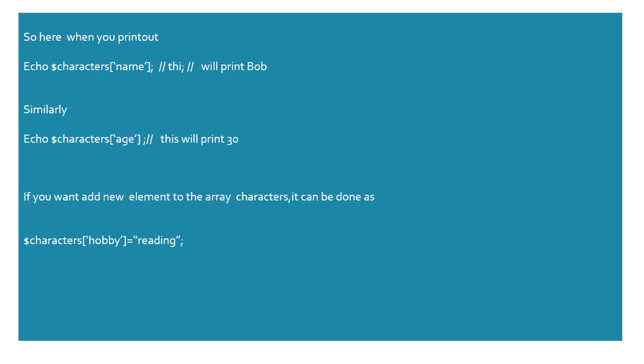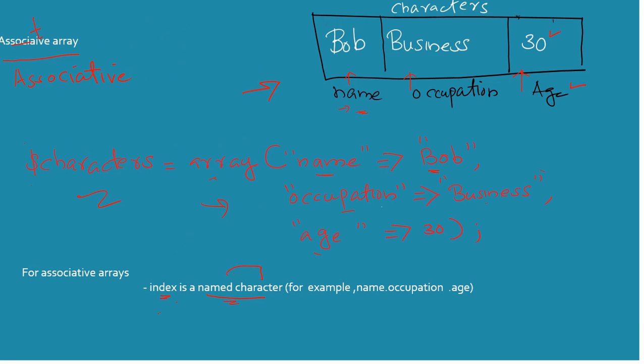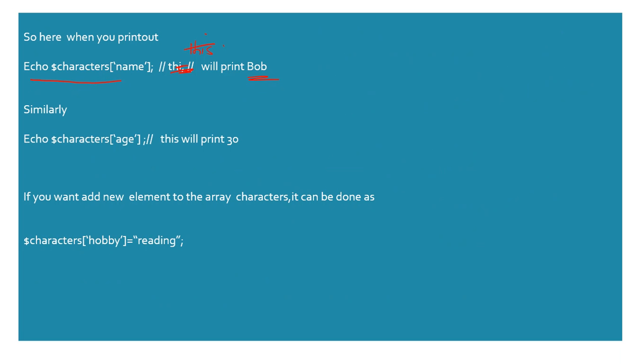So if you have a print statement like this, echo characters name, using the previous array, this will print out Bob. Echo characters, this is the index name, echo characters name, the output is going to be Bob only.